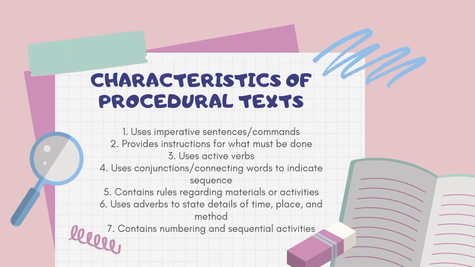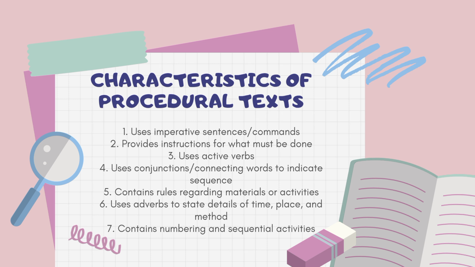Characteristics of procedural text. Number 1, use imperative sentences or commands. Number 2, provide instruction for what must be done. Number 3, use active verbs. Number 4, use conjunctions or connecting words to indicate sequence.